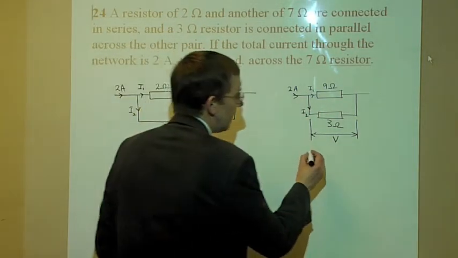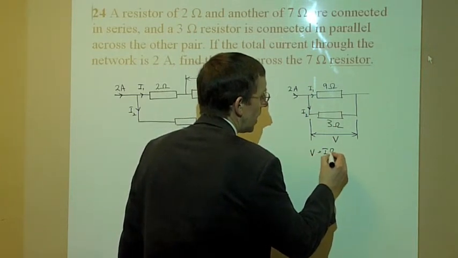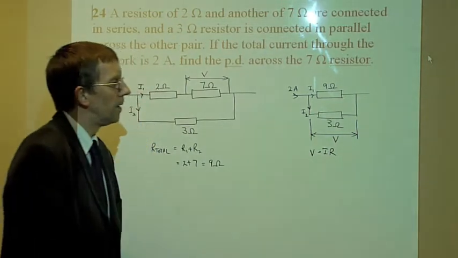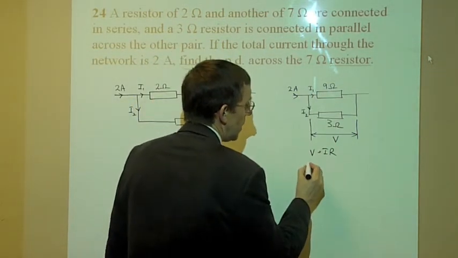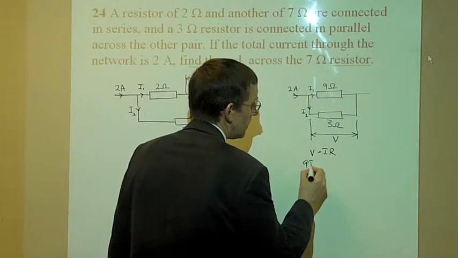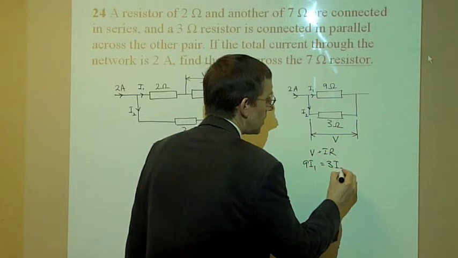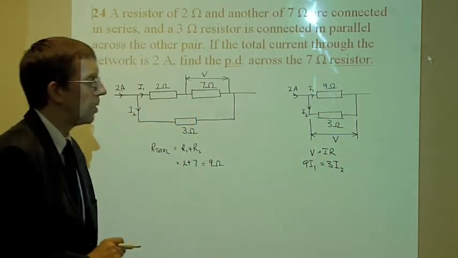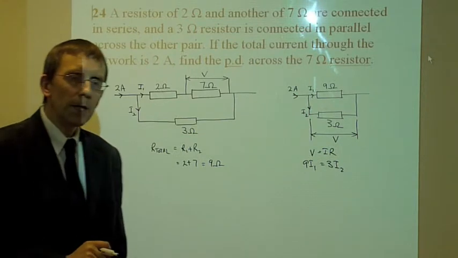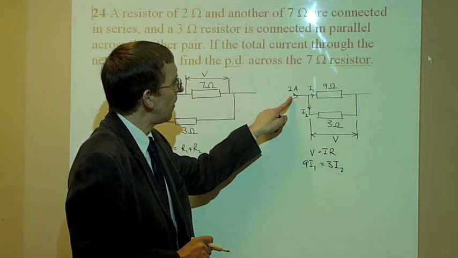And since V is equal to I times R, then I know that 9 times I1 must be equal to 3 times I2. That's 9I1 equals 3I2.